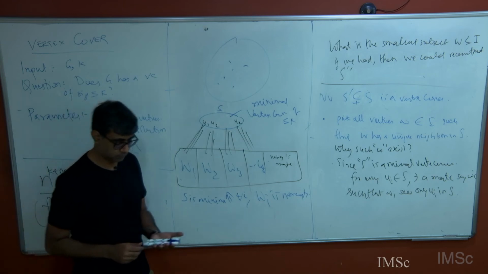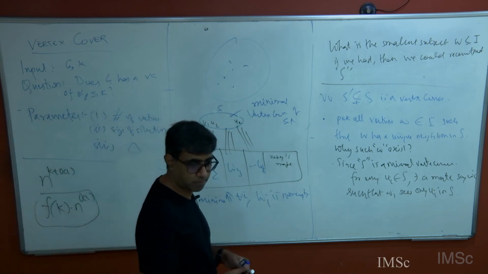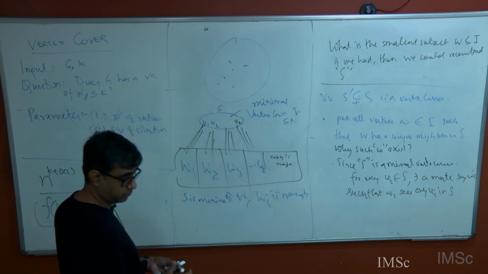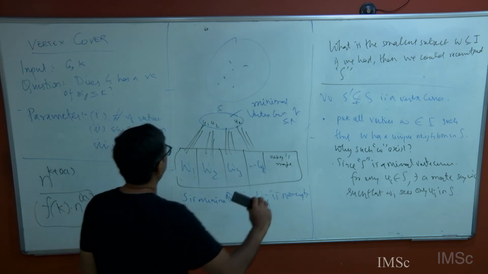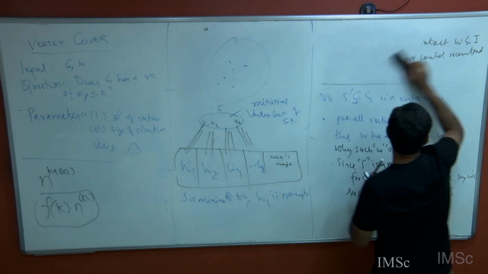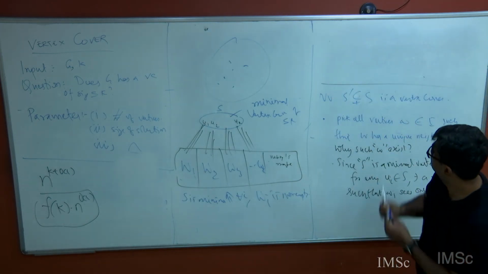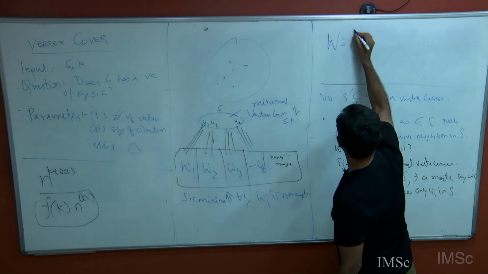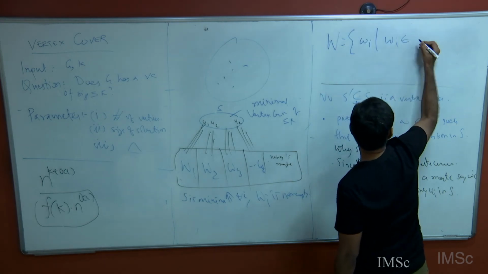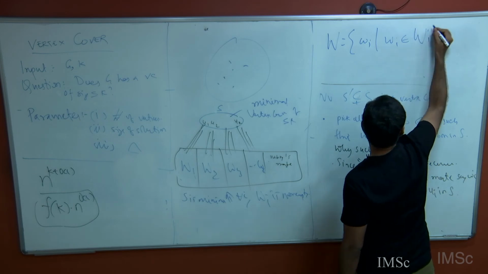Choose one from each of these. Okay. So everybody says, okay. So here's the construction for W. Now we construct W, where wi is an element of capital Wi, one each.